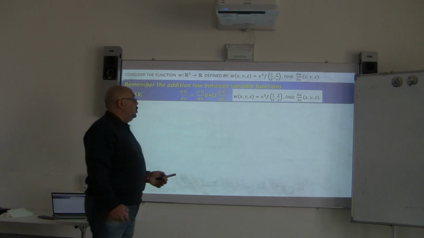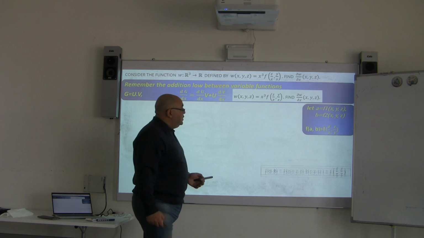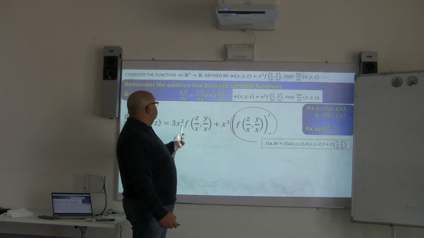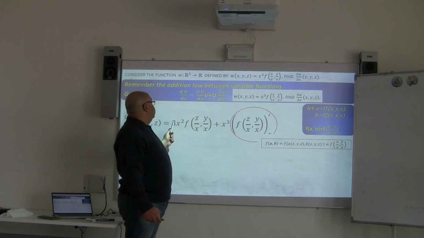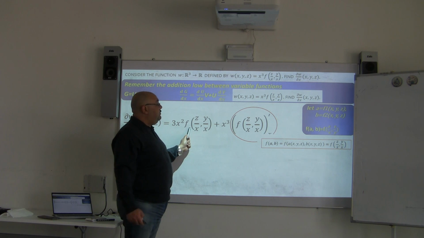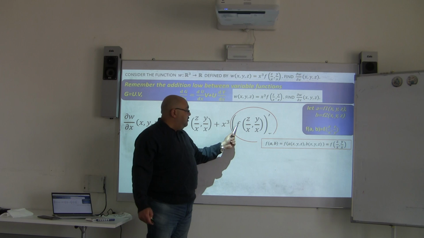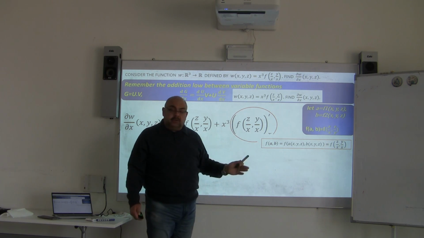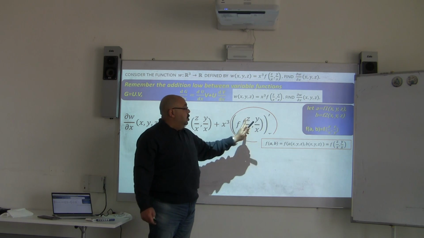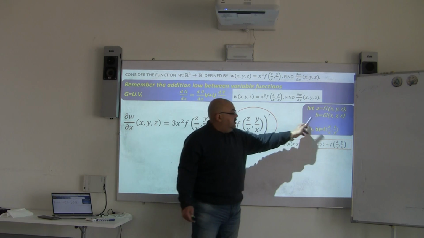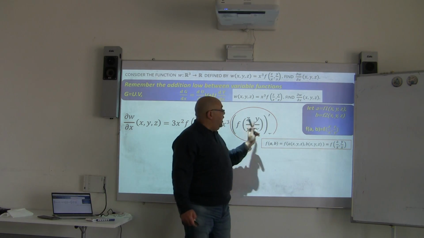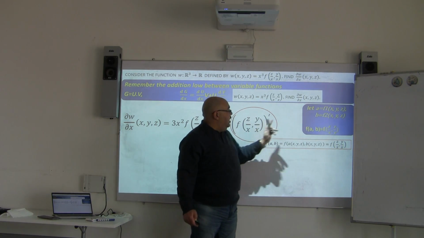So once you use this relation, all I have to do is differentiate first x cubed to be 3x squared times f. Then I will have x cubed times the derivative of the function f, which I can consider a function in u or v, or a or b, as I did here, considering z over x by a and y over x by b.